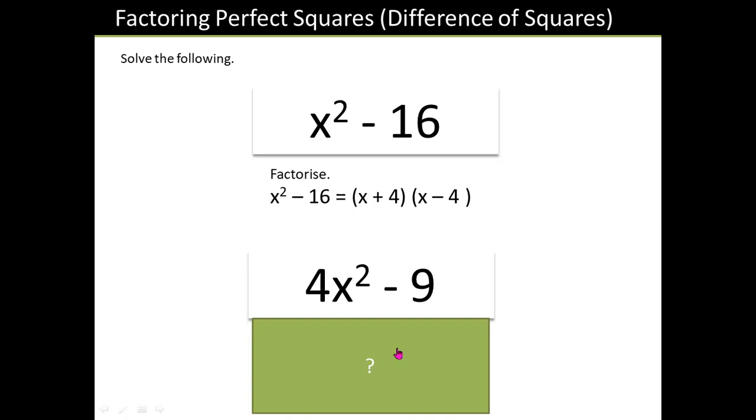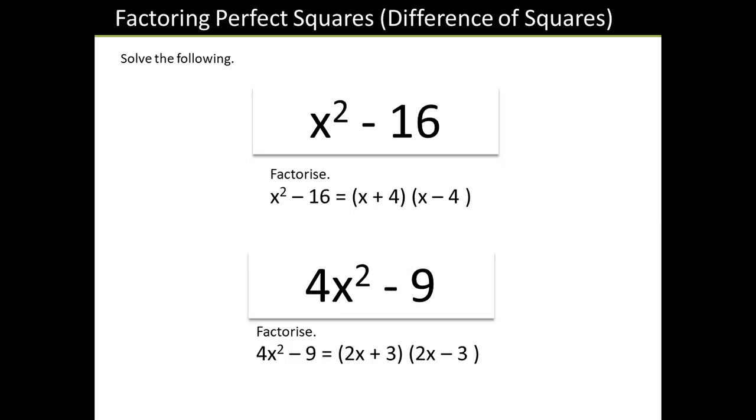Okay, plus and minus 3. So if we put it simply, we can have factors of 4x squared minus 9 equals 2x plus 3 and 2x minus 3. So that is just very easy. Why again? It is all perfect squares. All right. Some more examples.